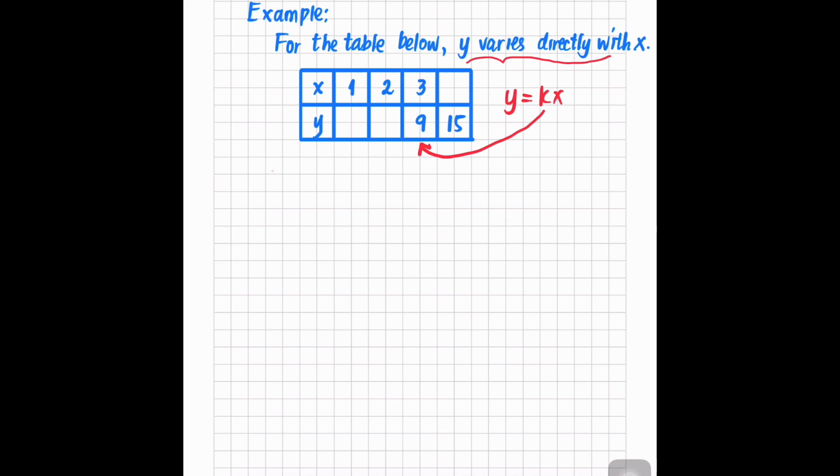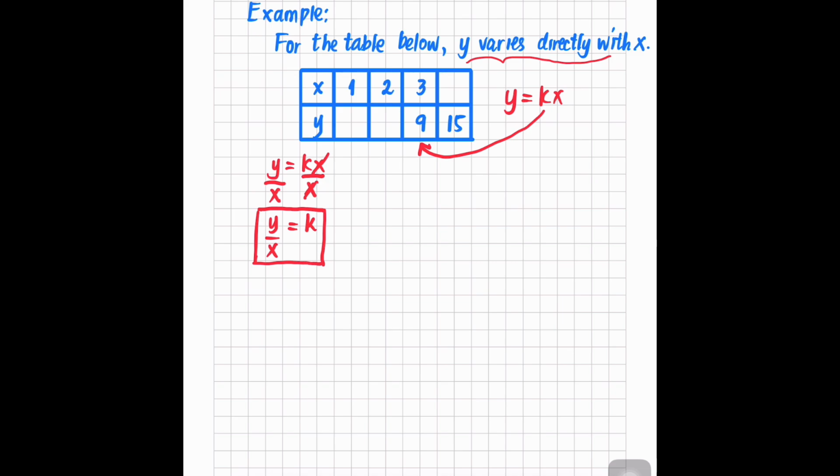So from the equation y equals kx, to find the k, or the constant of proportionality, we need to divide both sides by x. By dividing both sides of the equation by x, we are going to find the formula in finding the value of k, which is y divided by x.